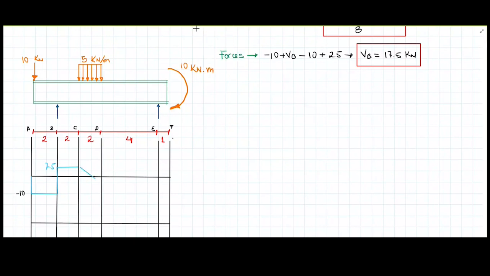This has to come down to 2.5. And then this has to be minus 2.5. And then this has to continue straight because there are no other forces applied here until here to here, and then it goes to close at 2.5 in here. Yeah.